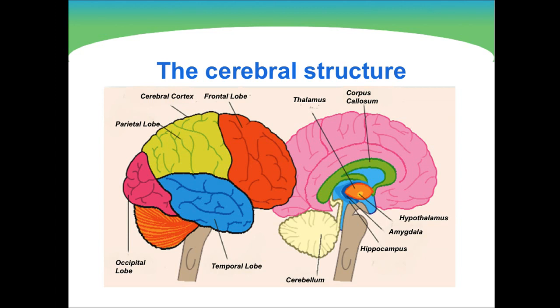Within each hemisphere, between the different cerebral folds, can be found the structure that forms the so-called limbic system. This system also includes specific cerebral elements such as the amygdala, hypothalamus, the thalamus, and hippocampus.